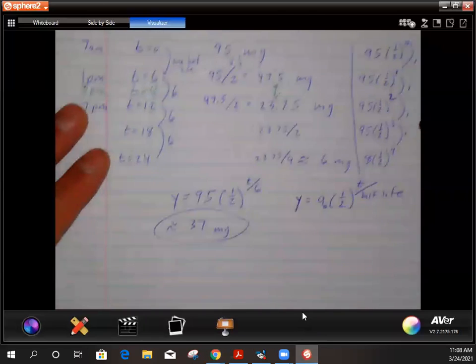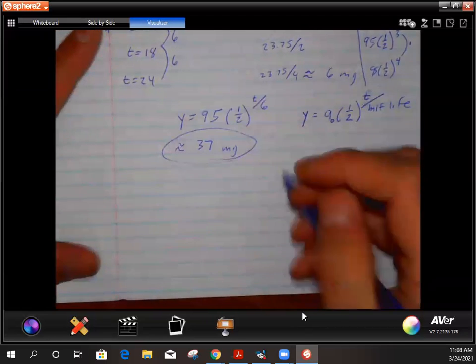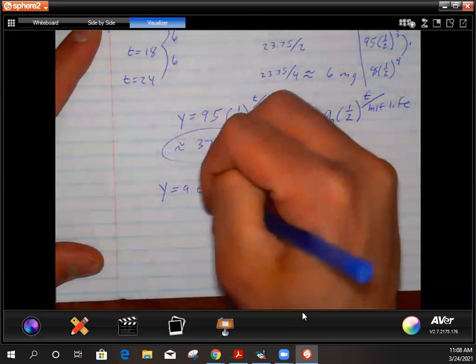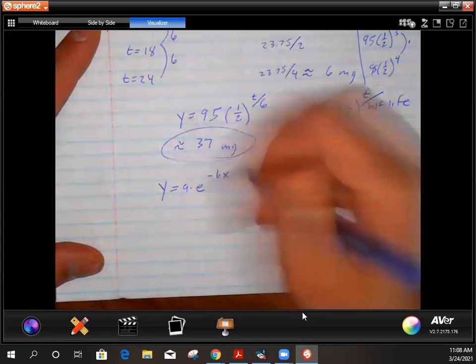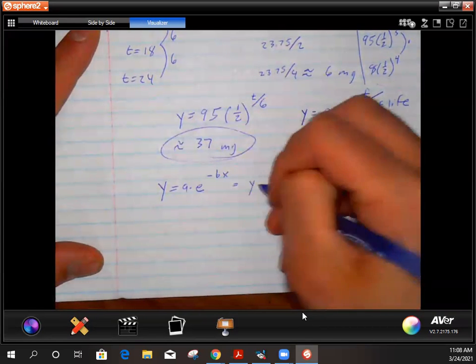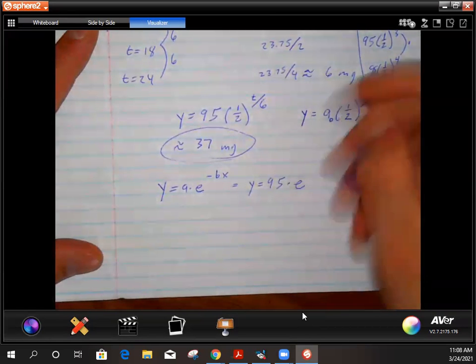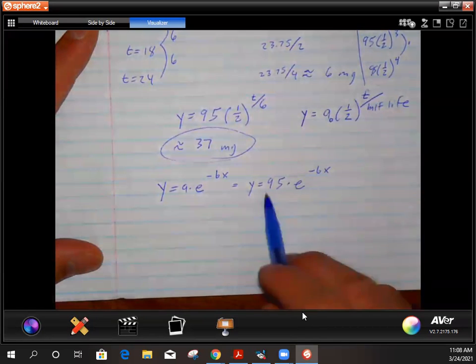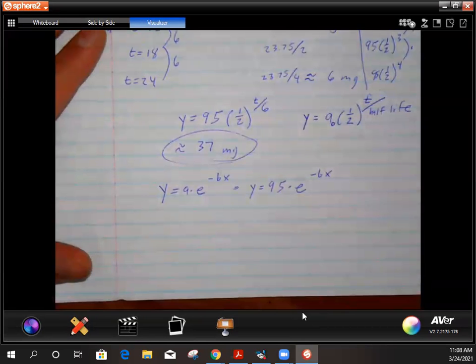All right. If we take y equals a times e to the negative bx power, a is still going to be 95 because that's still our initial amount. But now we just have to figure out what b would be so that this is the same exact graph as this. So what we could do is use properties of logs.